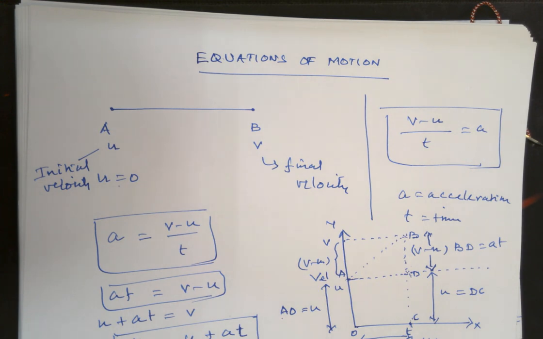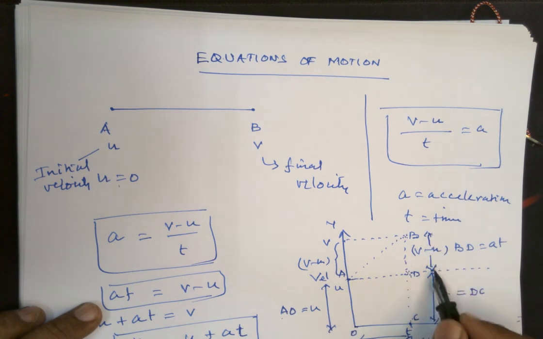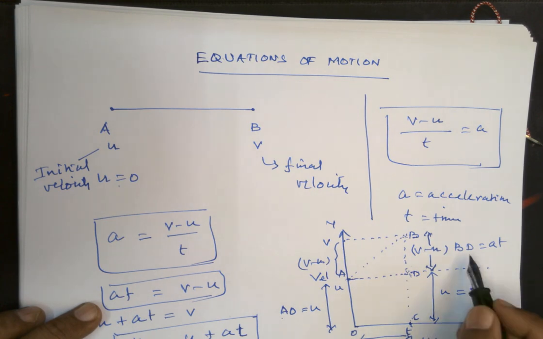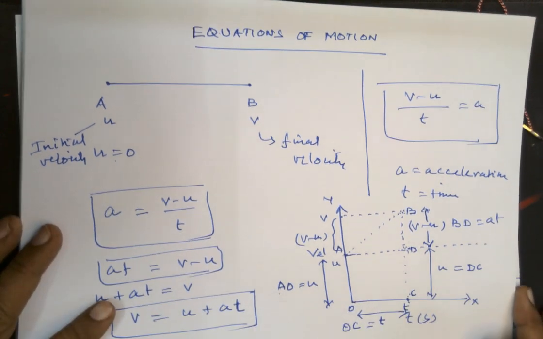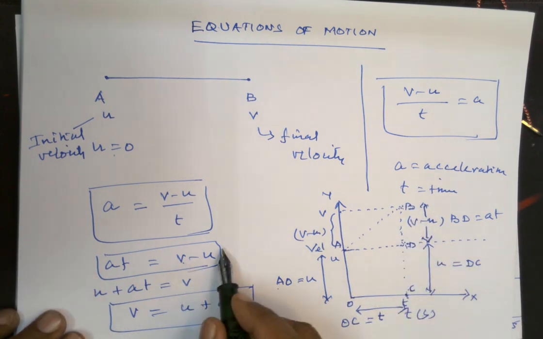Now, what is our objective? To find this at, the change in velocity. So the change in velocity is nothing but acceleration into time. That is this height. And when you divide by OC, what is OC? It is t. So BD by OC is nothing but acceleration. What is this? V minus u.